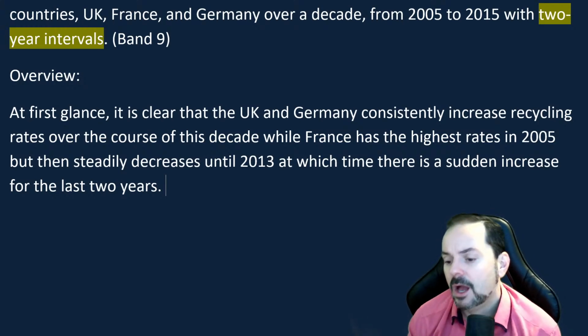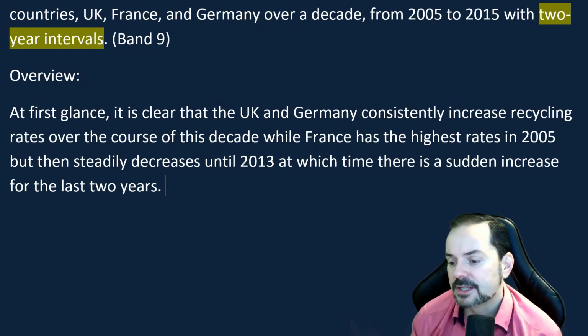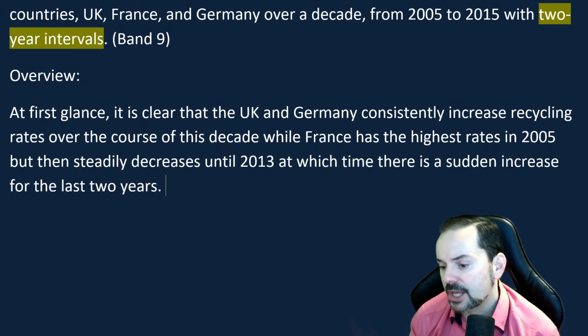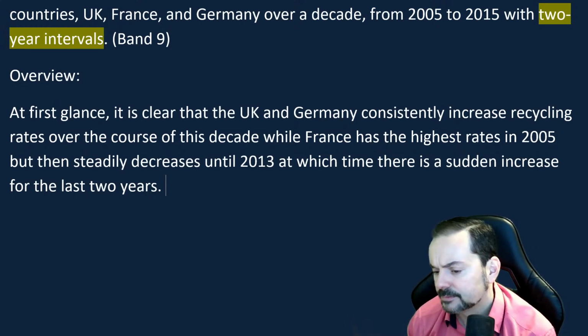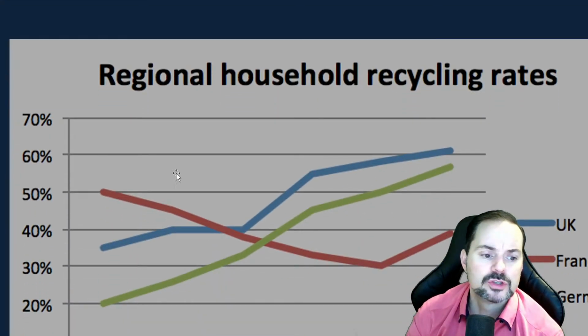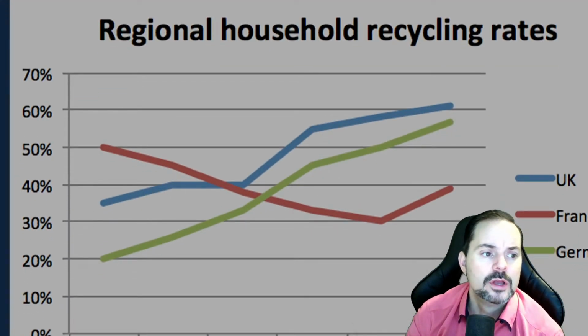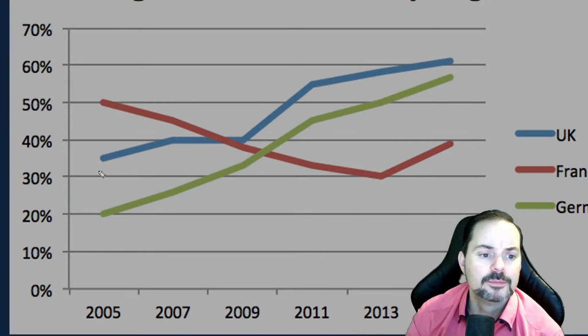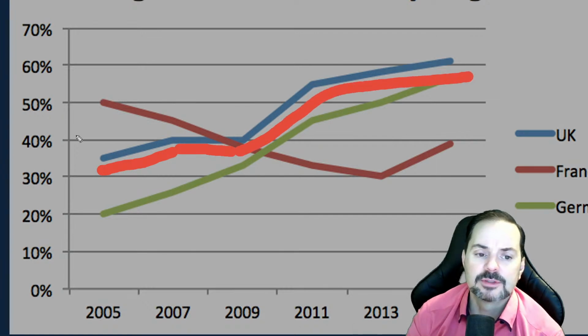Okay. Mal, at first glance, it can be noticed that the UK showed a sudden decrease of recycling. Mal, I don't think UK shows decreases. There's no decrease. So Mal, be very careful. UK only shows increase, a little bit of flattening there, but then an increase again. There's absolutely no depression. Okay.